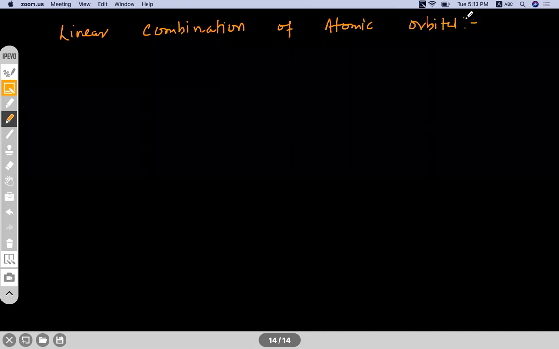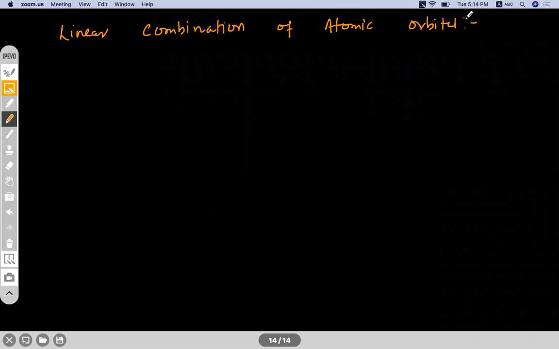Linear combination of atomic orbitals. According to this, what happens when two atoms combine?